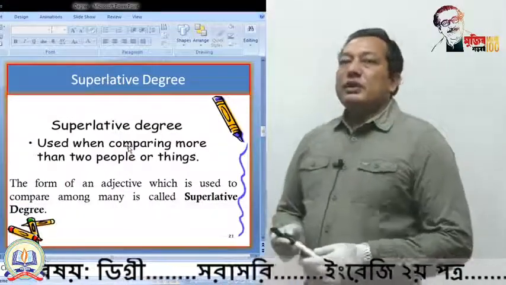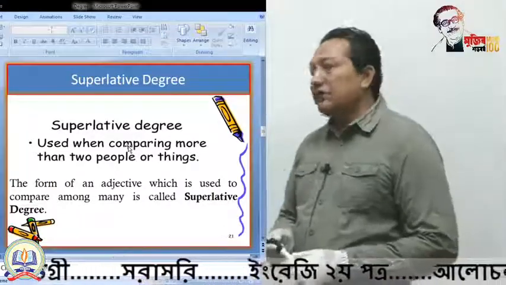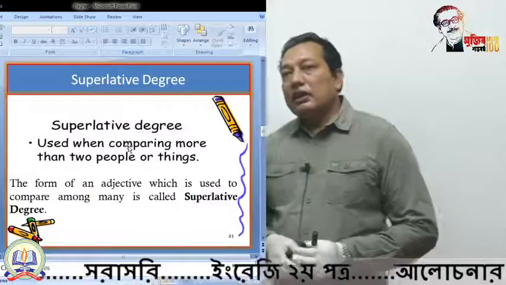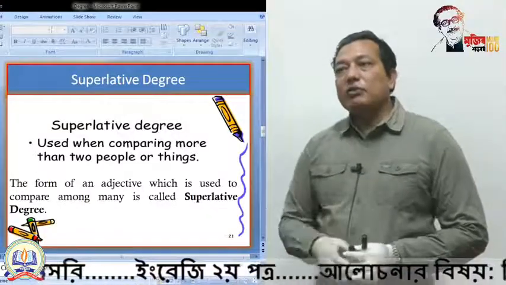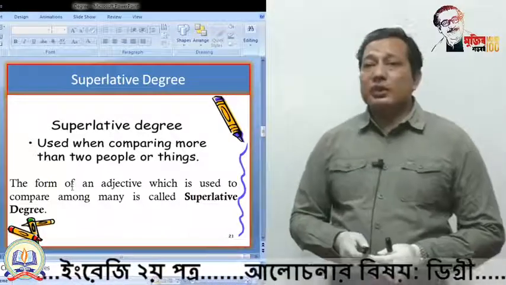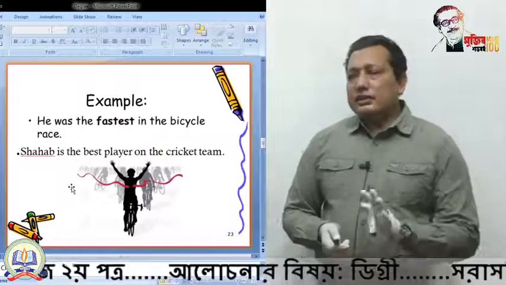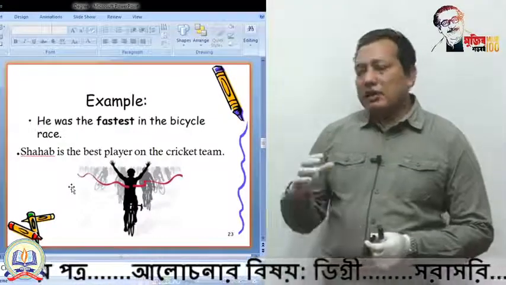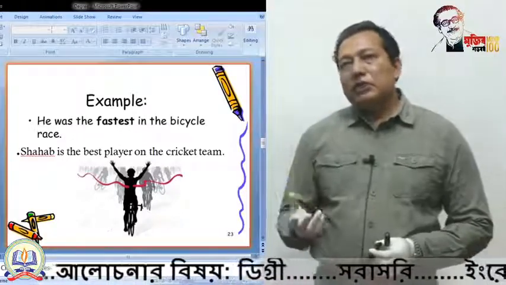Superlative degree. Superlative degree is used when comparing more than two people or things. That means in superlative degree you will compare more than two people or things. The form of an adjective which is used to compare among many is called superlative degree. All these are the discussions about the conception, the introduction about degree.